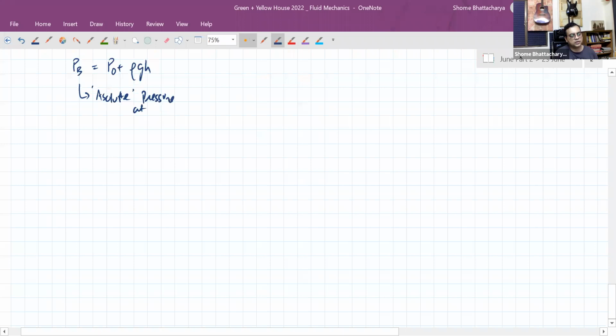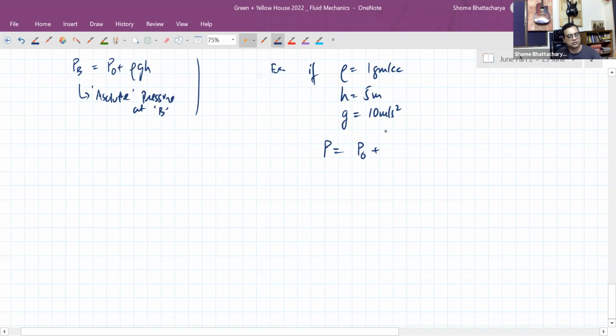So for example, if the density is 1 gram per cc like water, and the depth is 5 meters, and we take g as 10 meters per second square, then the pressure at that point will become atmospheric pressure plus rho g h. Typically we take atmospheric pressure as 10 raised to power 5 pascals.